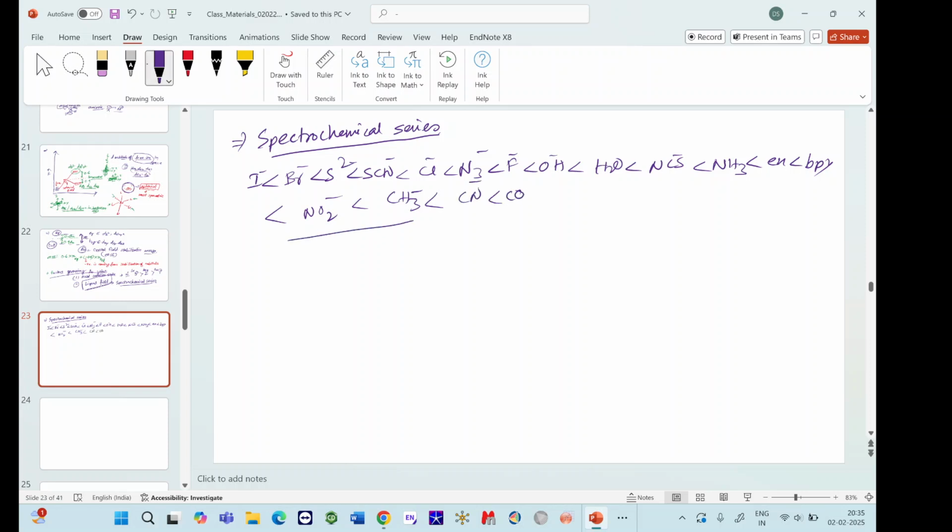As you go along from left to right, you will see that the ligand field strength increases. There is a reason for that.